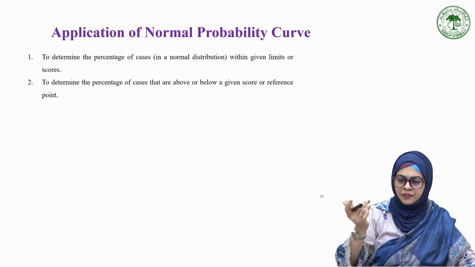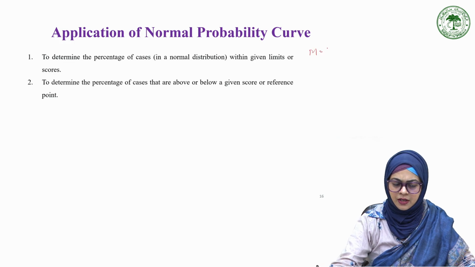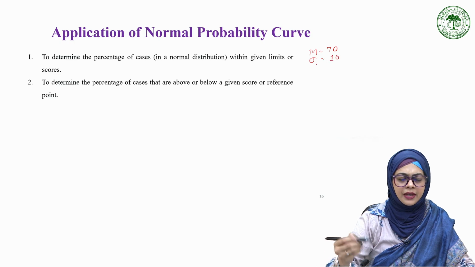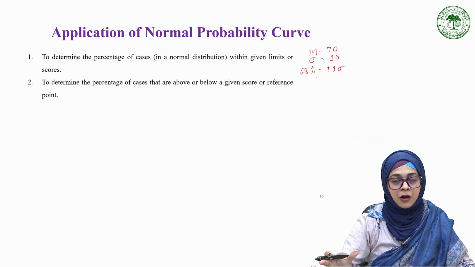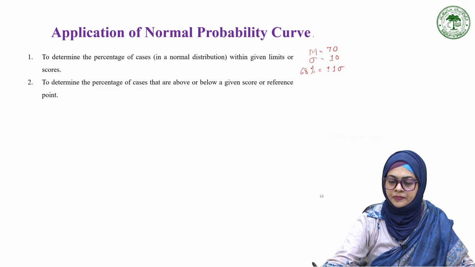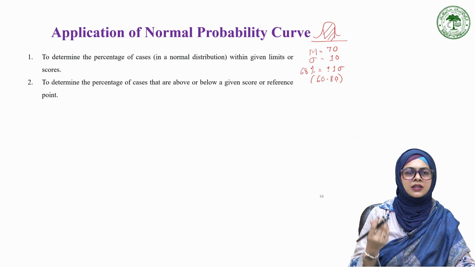Just like I said in the earlier example, if the mean was 70 and the standard deviation was 10, we calculate 68%, because that was where the first standard deviation of the learners was lying, where the maximum learners were lying in this NPC curve. So we saw the scores as 60 and 80, right? So it determines that also.